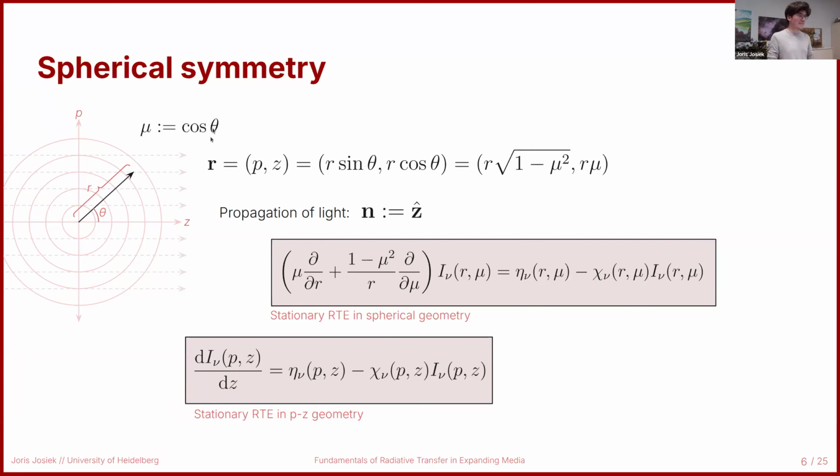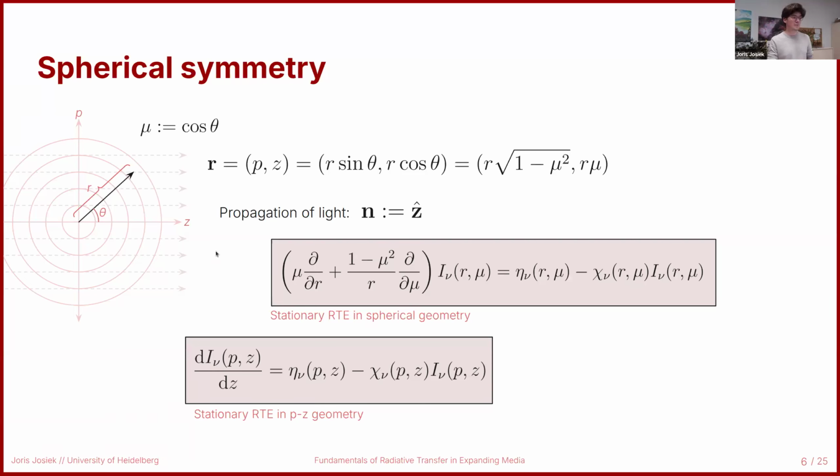Instead of the angle theta, we usually refer to mu, which is the cosine of this angle. And one more thing: of course, we are looking at three-dimensional systems, but in this case, this reduces to 2 dimensions because of the spherical symmetry, so we basically say that everything is independent of azimuth. So everything only has 2 coordinates.